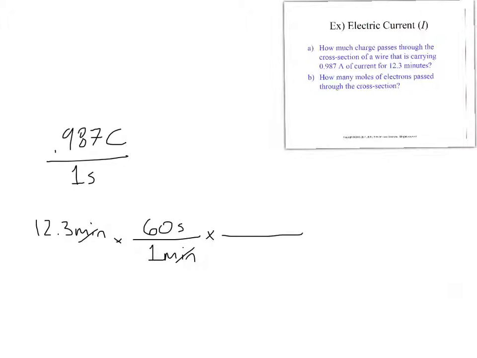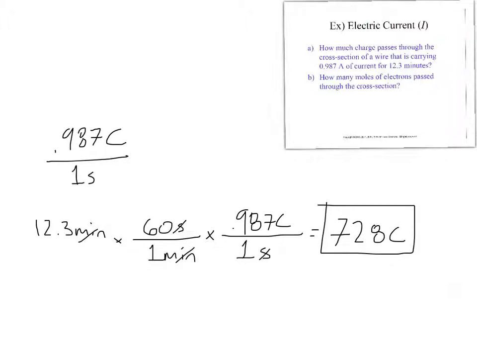So now we can throw our amperes in there, and we can say there's 0.987 coulombs for every 1 second. And so when we solve this out, we would see that there would be 728 coulombs that would pass through. And so that would be our final answer for that one. And now to find the moles of electrons, we have 728 coulombs, and this is where Faraday's constant comes in.